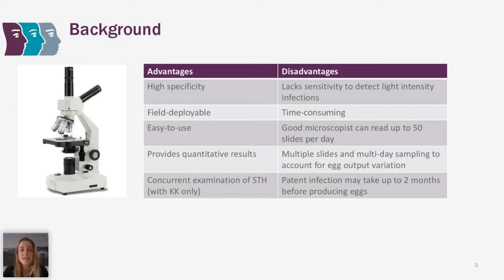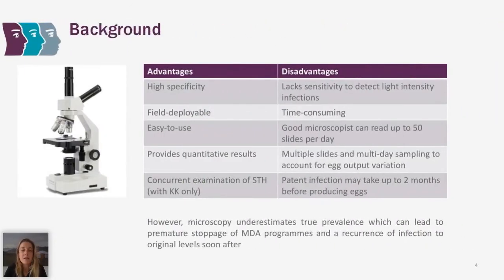Unfortunately, though, the microscopy-based methods lack sensitivity. They're time-consuming. You have to read multiple slides, collect samples over multiple days, and also juvenile infections cannot be detected. So what this means is that currently microscopy underestimates true prevalence, which can lead to premature stoppage of MDA programs, especially when the intensity of infections is very low.